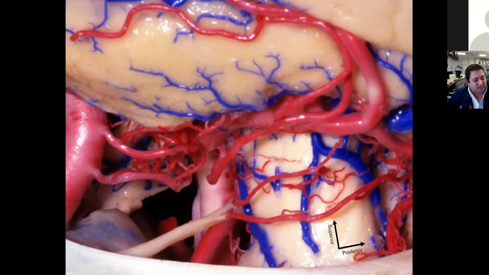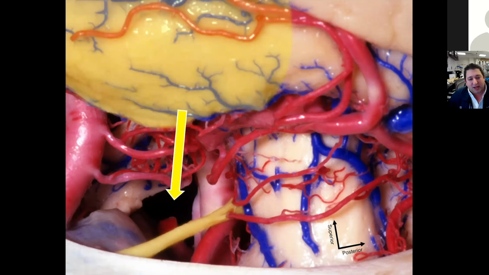The uncus is the medial part of the temporal lobe. It's the most medial part. And when it comes down, because of swelling or being pushed or mass effect, it's pushing on the third nerve. And that is why you see a blown pupil. So it comes down and pushes on the third nerve.